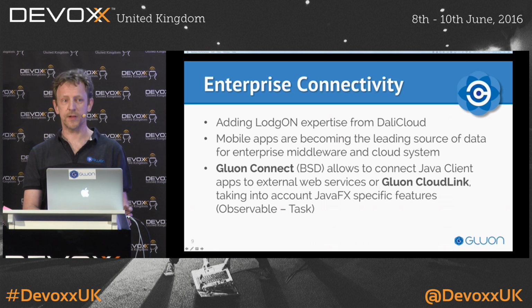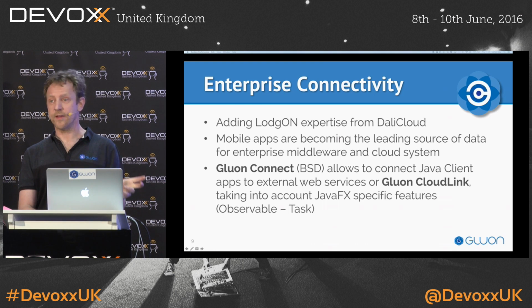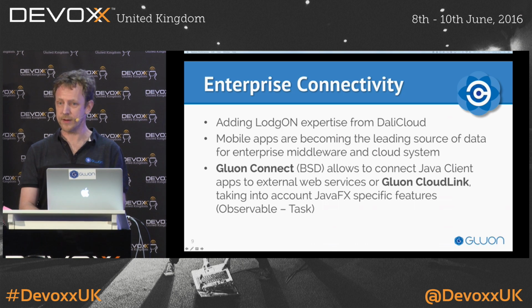For example, a text field. If we type in some text, the text is in the model class, and it's coupled to what's rendered on the screen. If you type something on the screen, the model is changed immediately. And what Gluon Connect does is take that concept one step further and make sure that if your data is in a remote entity, that remote entity is updated immediately as well.